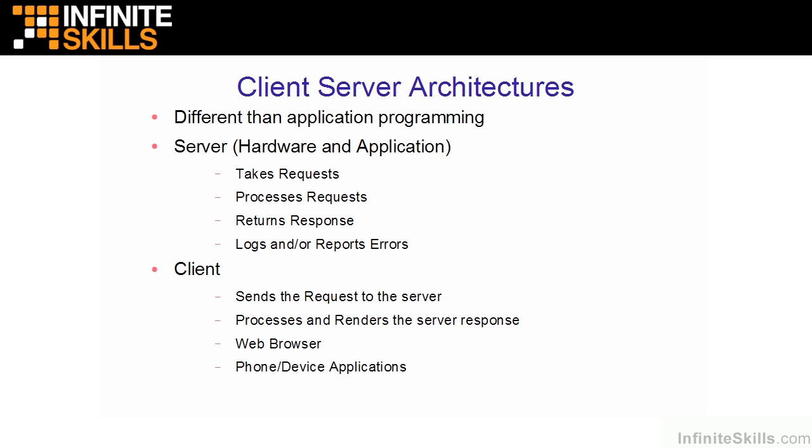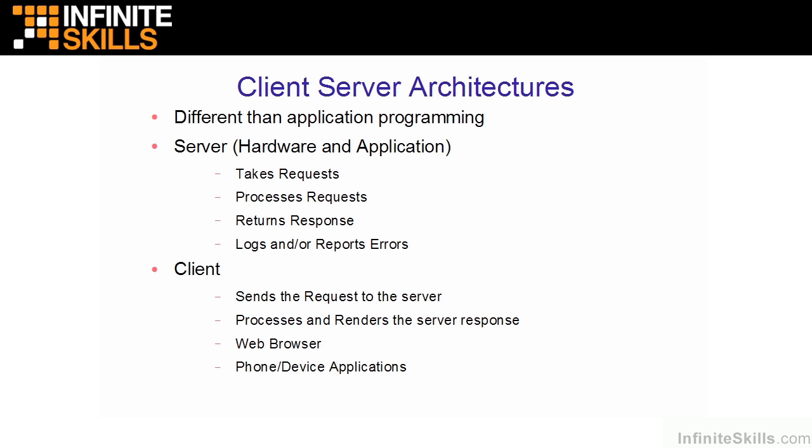With client-server architecture, we have to keep in mind that this is going to be different than just generic application programming, because in application programming, you have generally one application that's up and running, and it runs to completion and it's done. With a client-server architecture, you have multiple things to consider. The first thing to think about is that you have a client that's in a diverse location, or a different location than where your server is located.